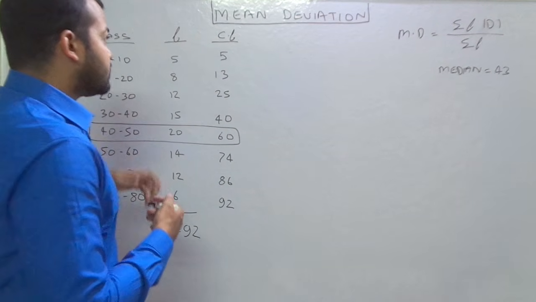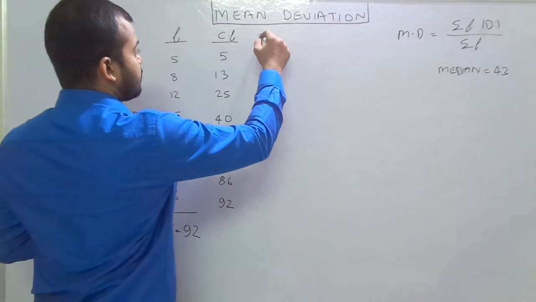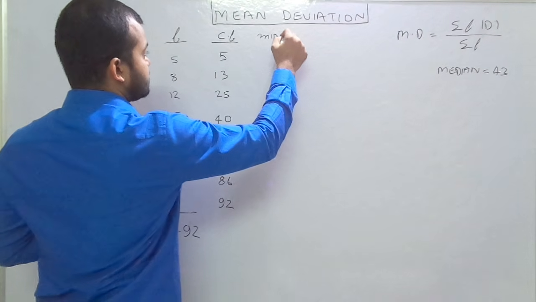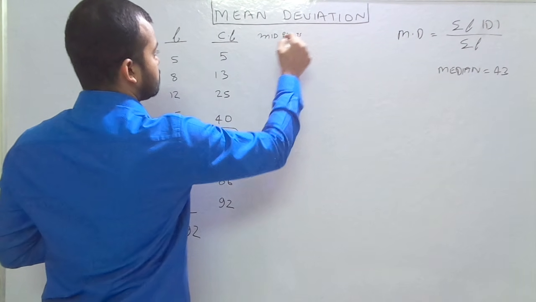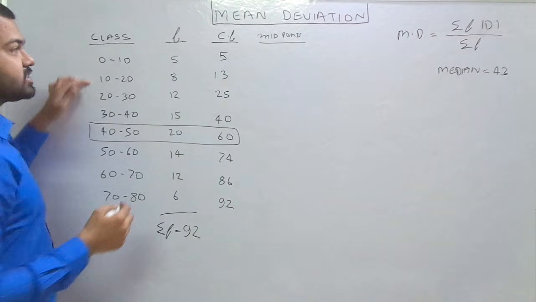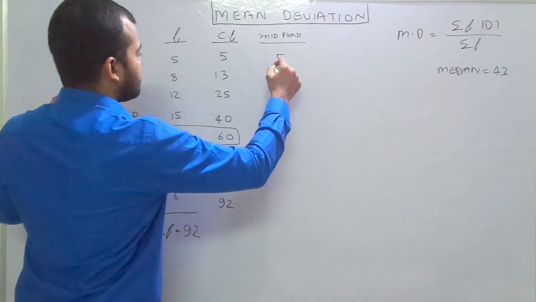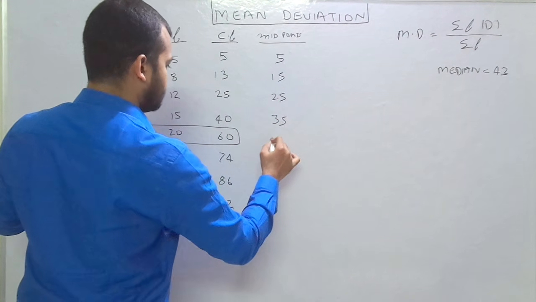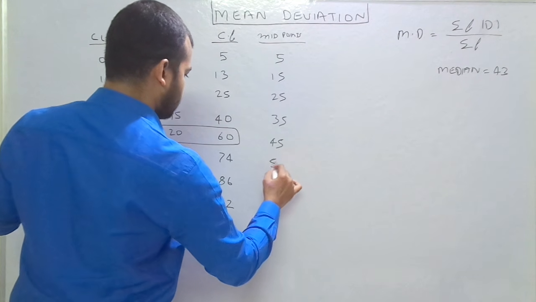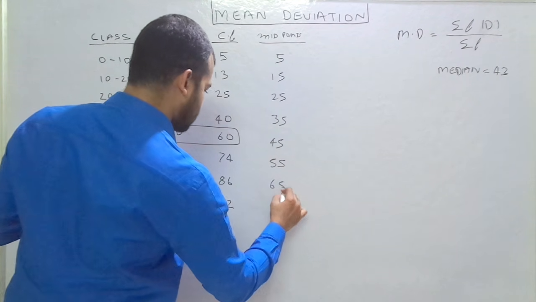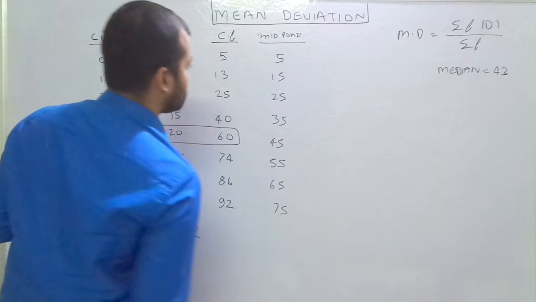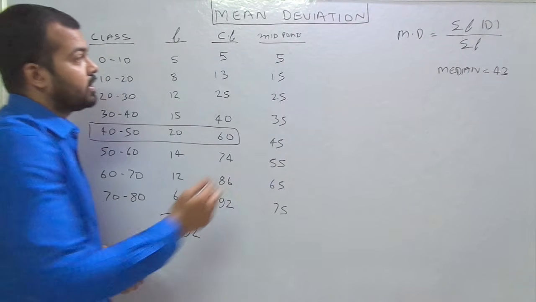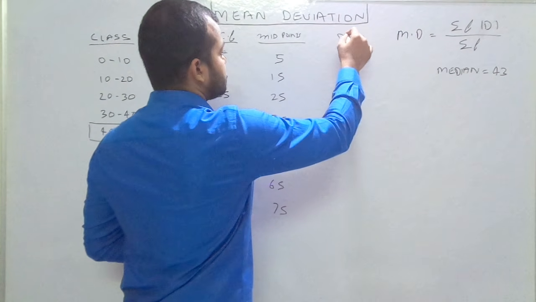Now in order to solve this question, we need to calculate midpoints. Midpoints of this class interval are 5, 15, 25, 35, 45, 55, 65 and 75. These all are midpoints. Now we have to calculate the deviation, that is d.